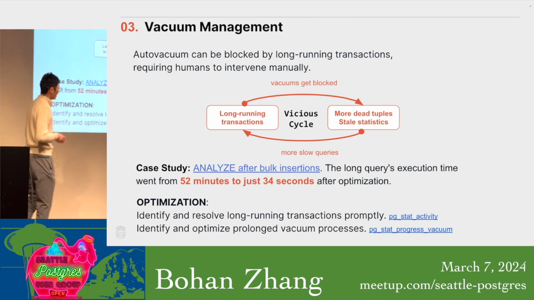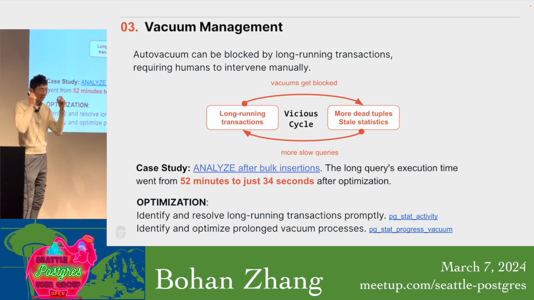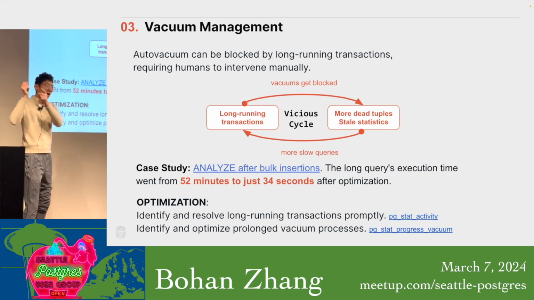Actually, we have a customer. They had a bulk insertion, and the optimizer statistics were not updated on time. In the beginning the table had 10 rows, and after the bulk insertion it had 1 million rows.